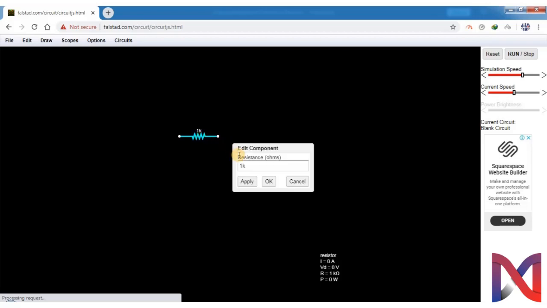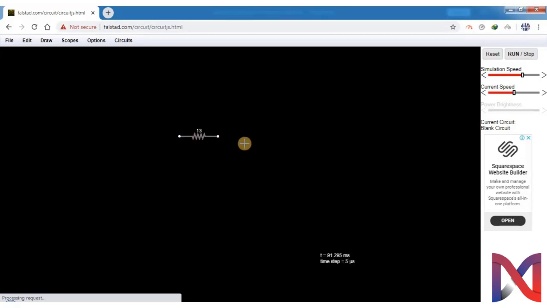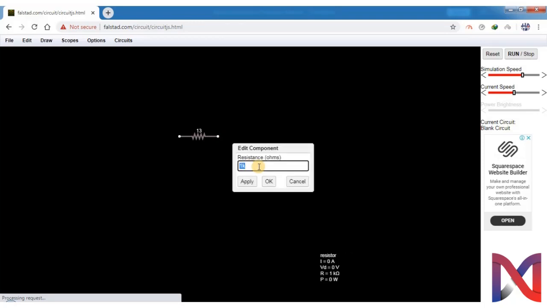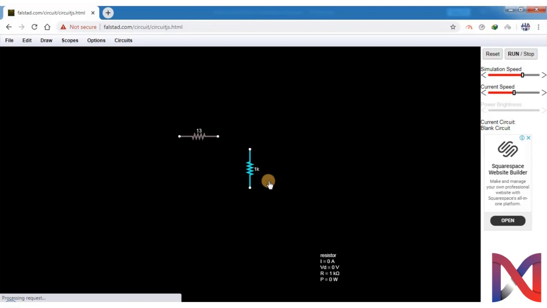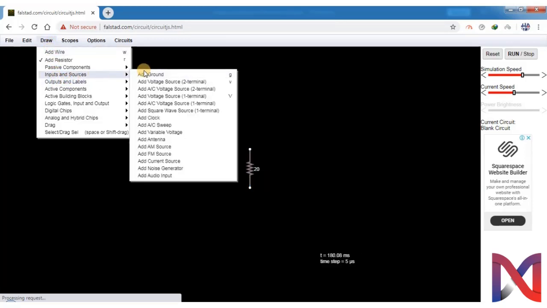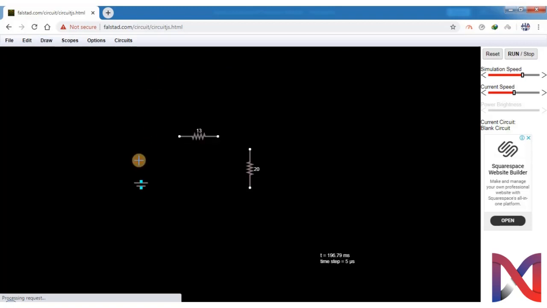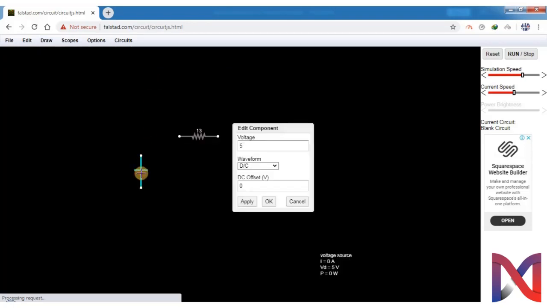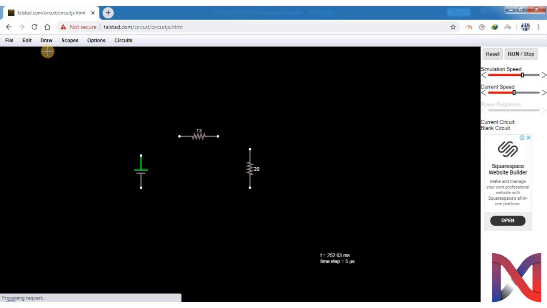This is our R Thevenin and its value was 13.33, so we put it 13, and here we put our load resistance and its value was 20 ohm. Now we will go to draw, output, inputs and we place our voltage source here, which was 20 volts. Now we will connect the circuit all together.